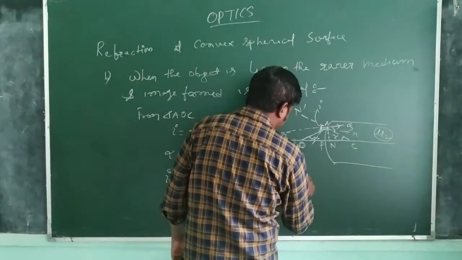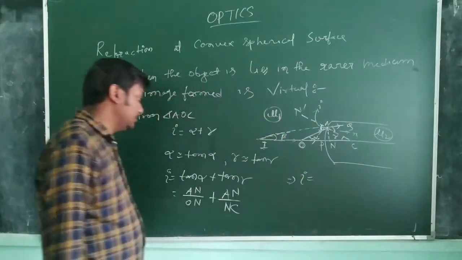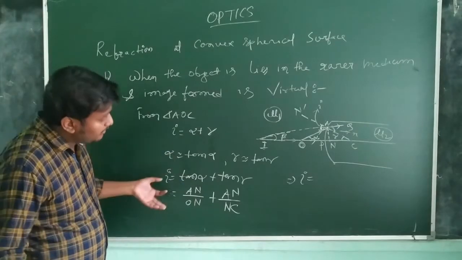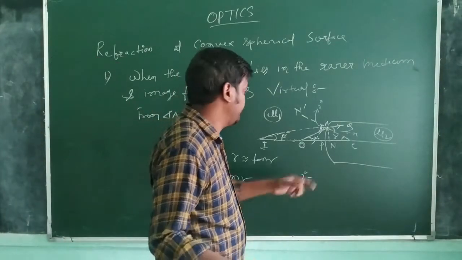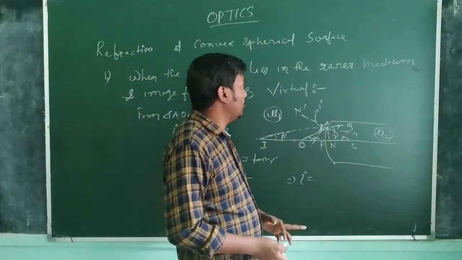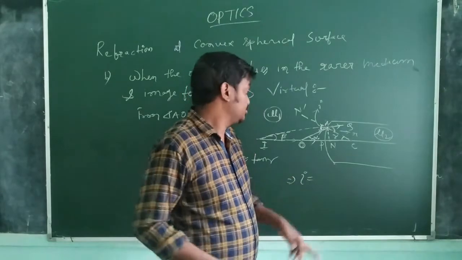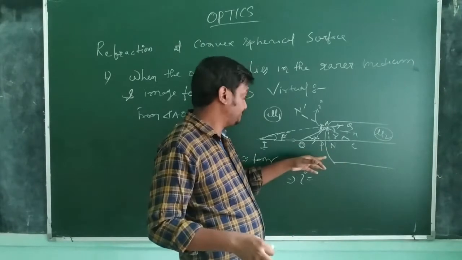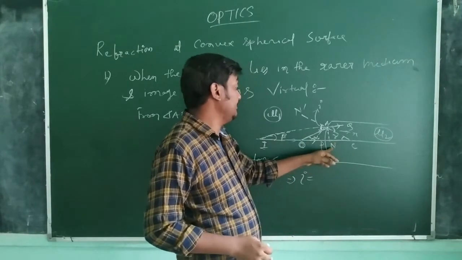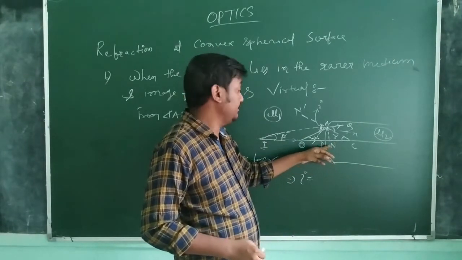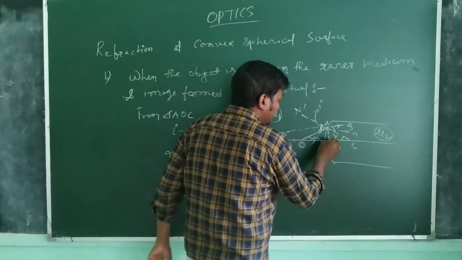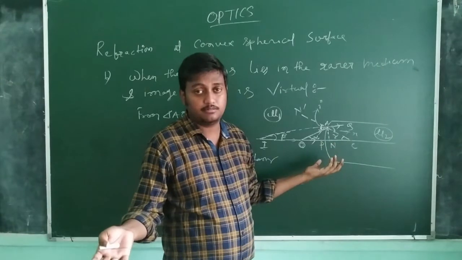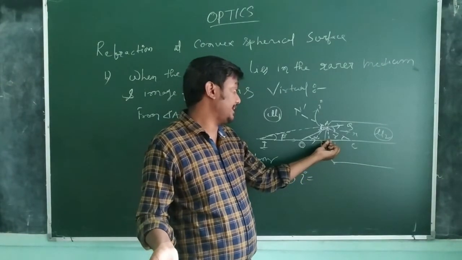So we can write i equals AN by ON plus AN by NC. The aperture of this convex spherical surface is small, so the end point N lies very near to point P. Because the aperture is small, the distance from N to P is negligible.